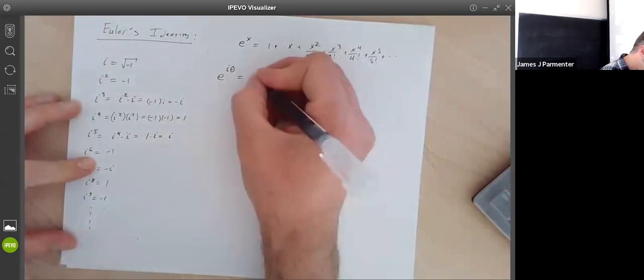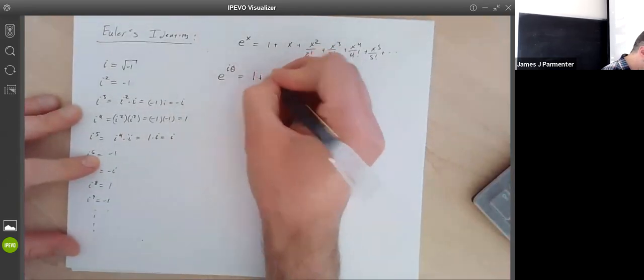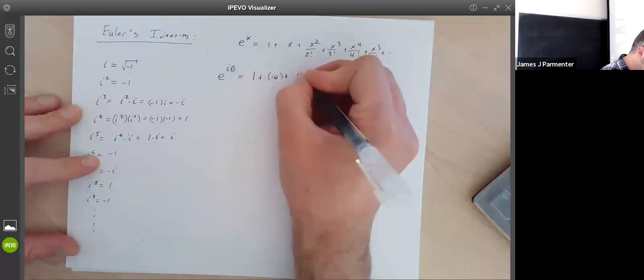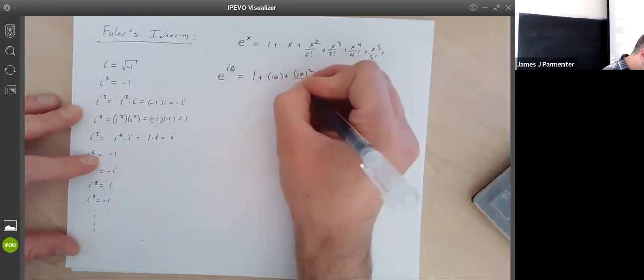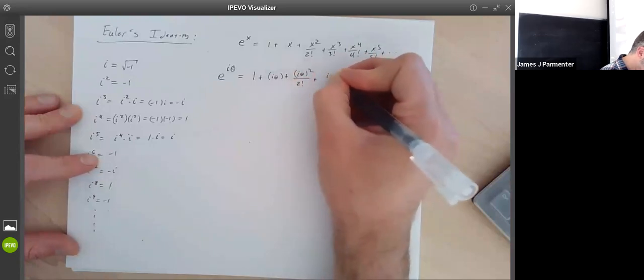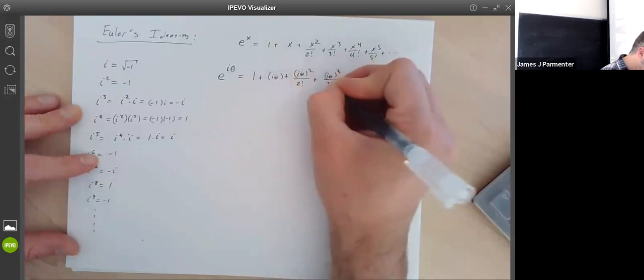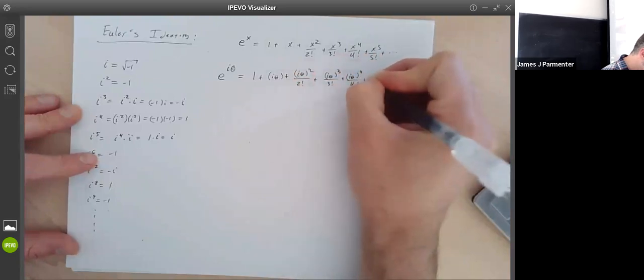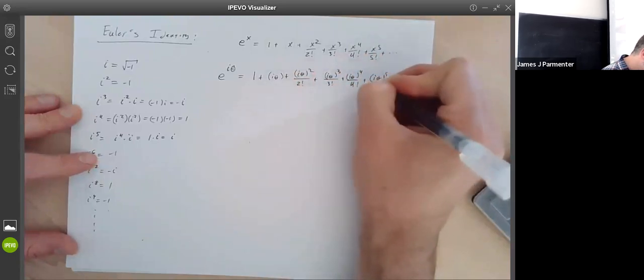Let's see what we get. We get 1 plus, replacing x with i times theta, i times theta, plus i times theta squared over 2 factorial, plus i times theta cubed over 3 factorial, and so on. Okay.